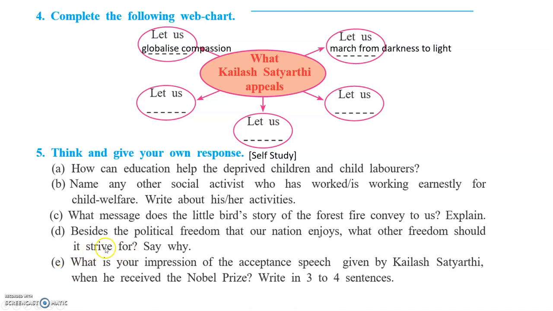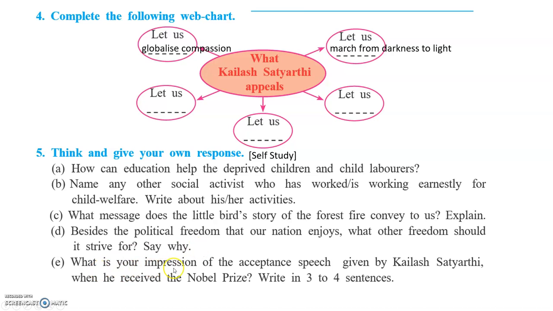No? You're talking about how child labor is going on. So we see that it should not be there. There shouldn't be corruption. All these things you can write. And any other social evil that you see around. You can get a lot of clues from this chapter. And say why you need that freedom. You have to explain why.